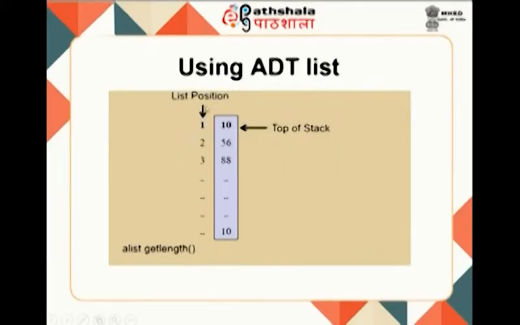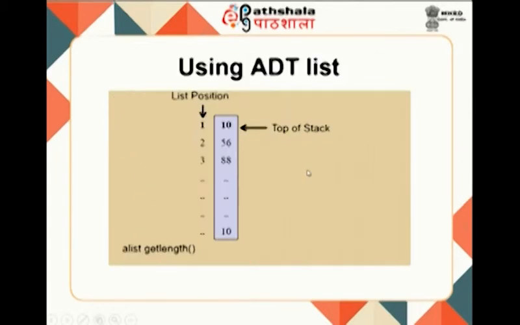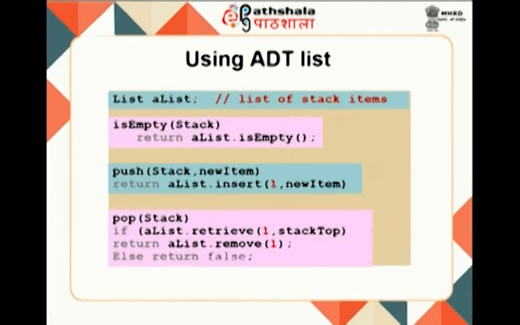Now, using ADT list, this is the top of the stack, this is my list, and these are the positions of the list which we were using here, insert 1. Because we are representing the list like this, whatever is at position 1 on top will be my access point to the stack. I can also have a list dot get length to account for the count.